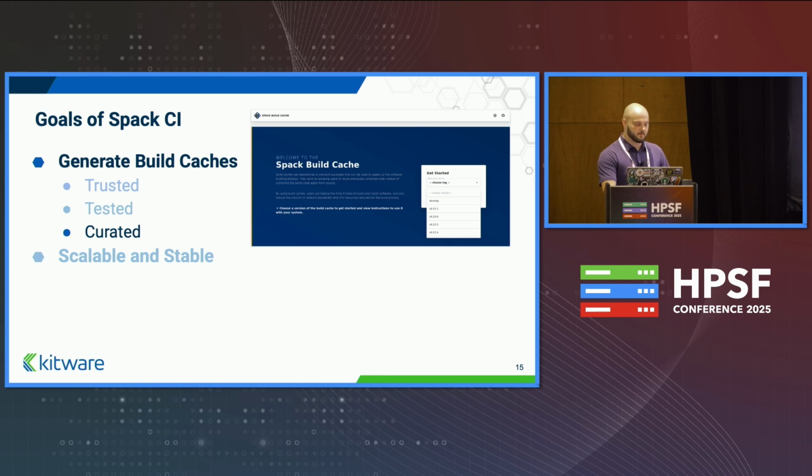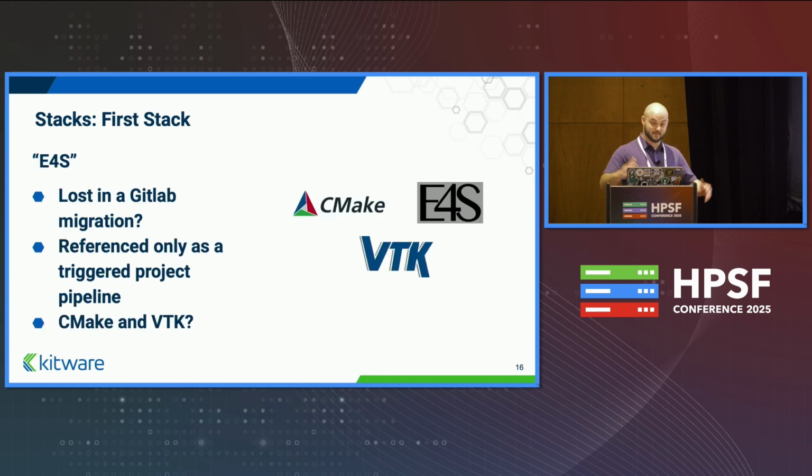And so binary curation is basically stacks. So the first stack was very small and is lost to time and a GitLab that no longer exists. We think that it was CMake, probably VTK, very similar to the Windows Viz stack that we use for Windows CI now. It was triggered externally.